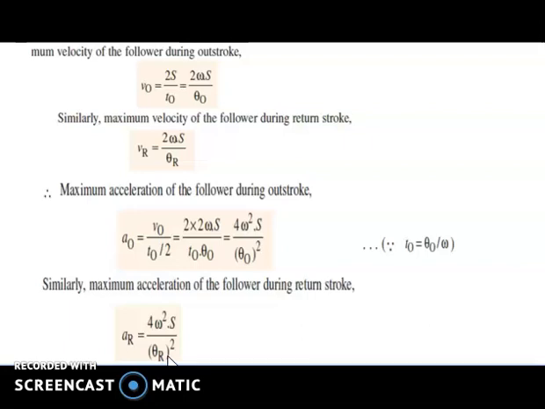So this gives the maximum acceleration of the follower during the return stroke. So with this, we'll wind up this part 2, uniform acceleration and retardation.